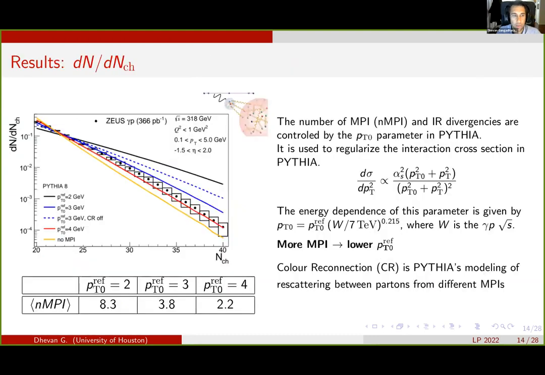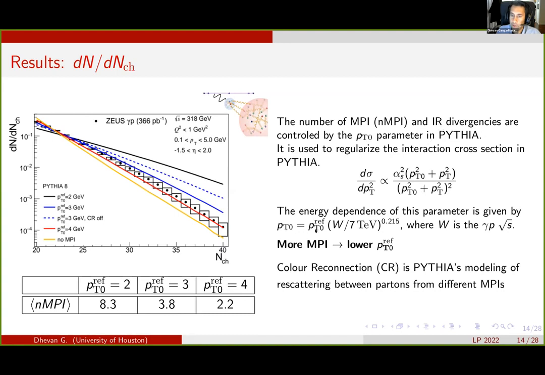So here's the result in photoproduction for the multiplicity distribution in black points, compared to various Pythia expectations. The main parameter I'm adjusting is this pT0, and that controls the number of MPI. It regulates the cross section and also controls the IR divergences.